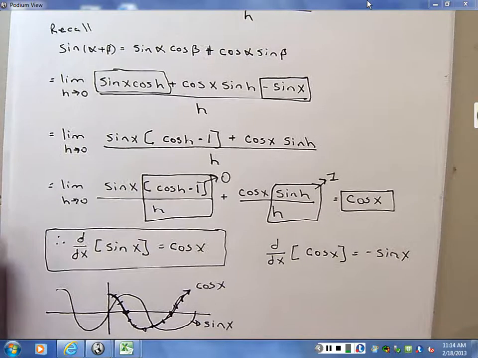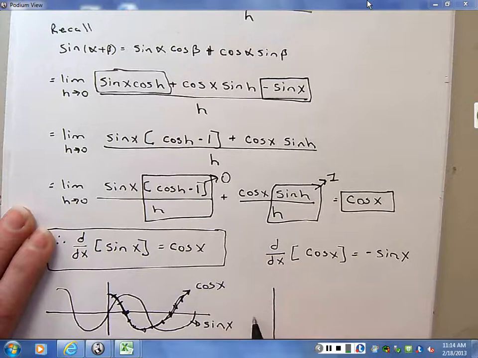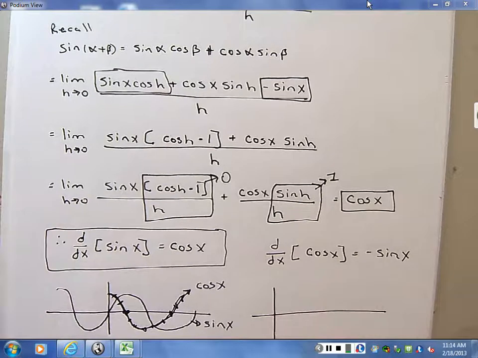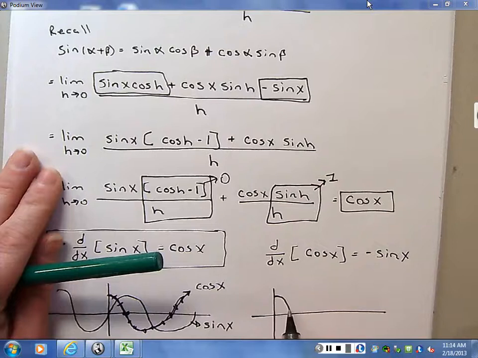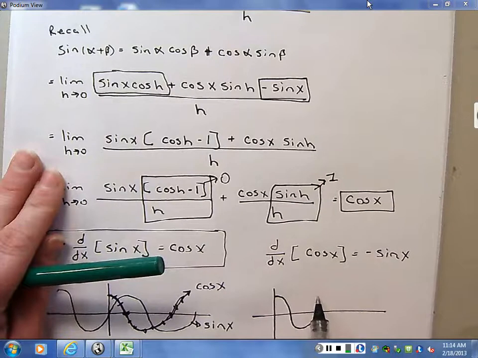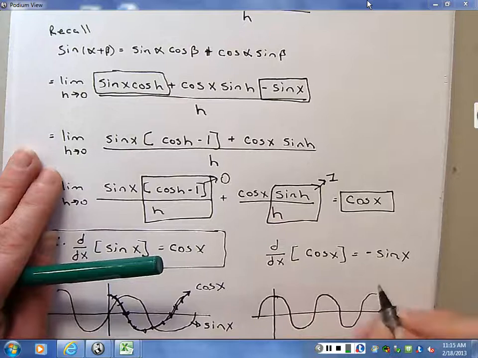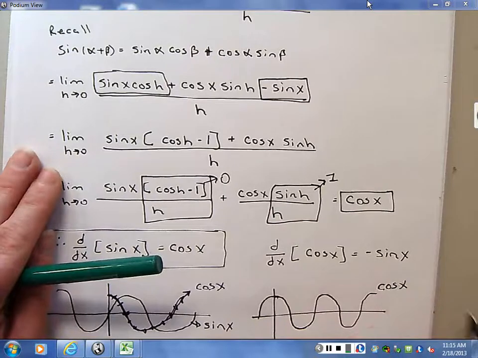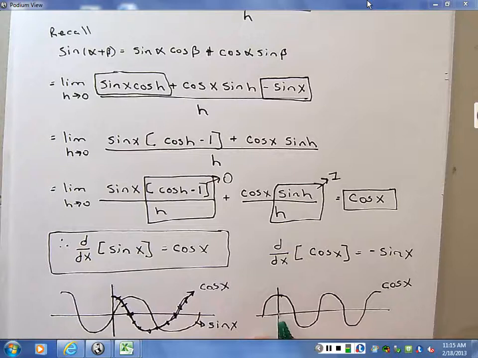So let me look at this formula graphically. Might show it better. Okay, so if I graph cosine, cosine looks like this. So here, my slope starts at 0, right?